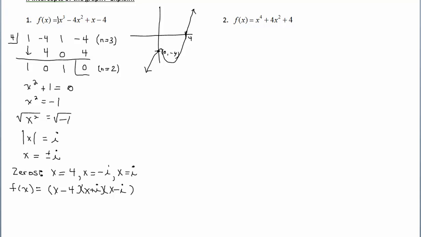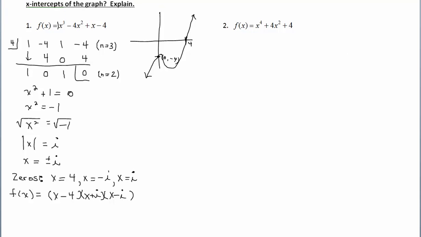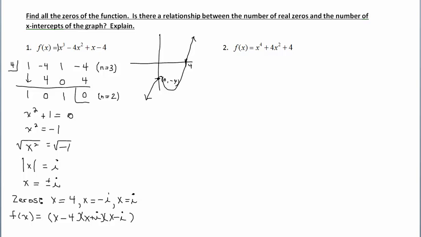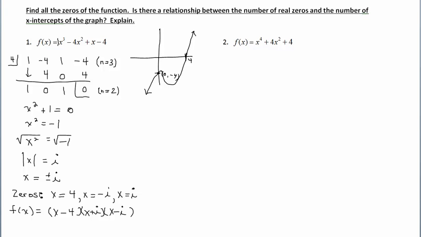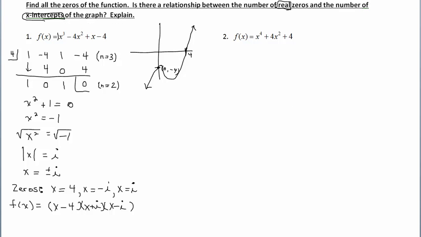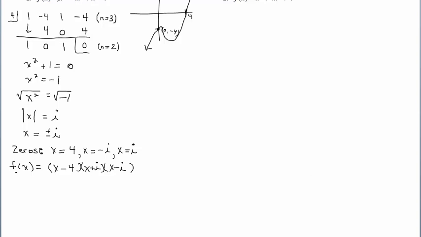Okay, so now going back to the question and what it asked us, find all the zeros of the function. We did that. Is there a relationship between the number of real zeros, in this case there was 1, and the number of x-intercepts of the graph? Remember, we're intercepting the real number line, so the x-intercepts are our real zeros. Yep, we have 1 real 0 and 1 x-intercept. So how do we respond to the question?